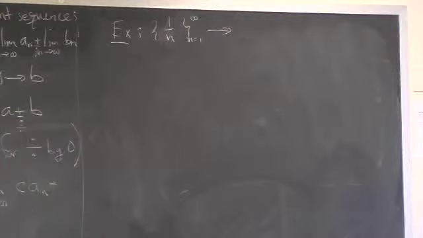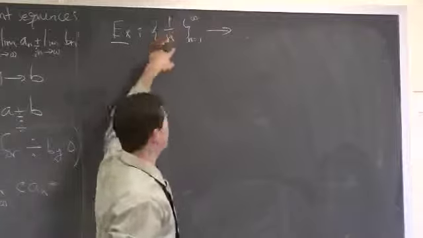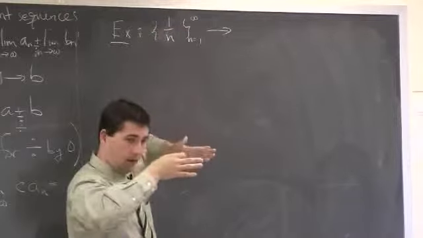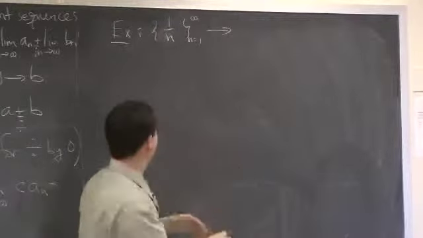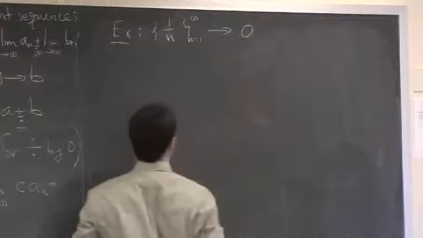What does this converge to? 0, sure, right? As n goes to infinity, these fractions keep getting smaller, as close as you want to 0, and they stay small. So that goes to 0.